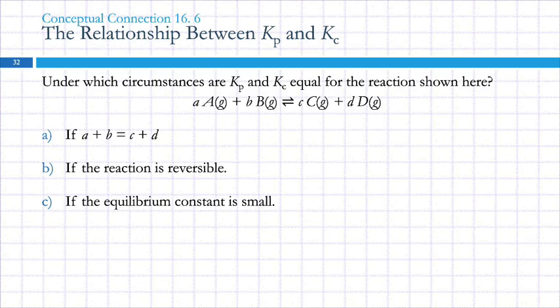Okay, under which circumstances are Kp and Kc equal for the reaction shown here? We've got three choices. If A plus B equals C plus D, if the reaction is reversible, if the equilibrium constant is small.